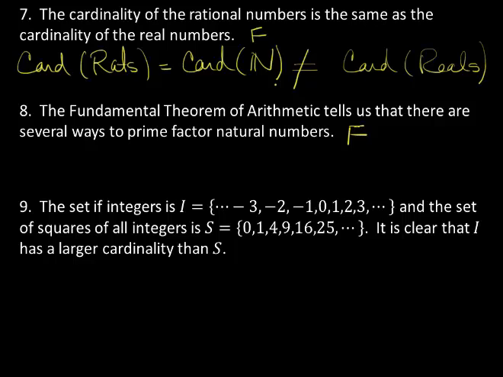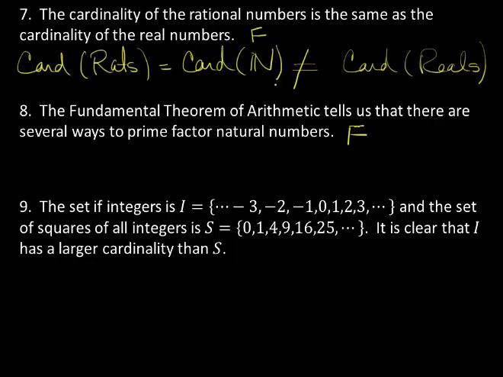So that was false. And number 9, the set of integers is I equals left curly brace dot dot dot minus 3, minus 2, minus 1, 0, 1, 2, 3, dot dot dot right curly brace.